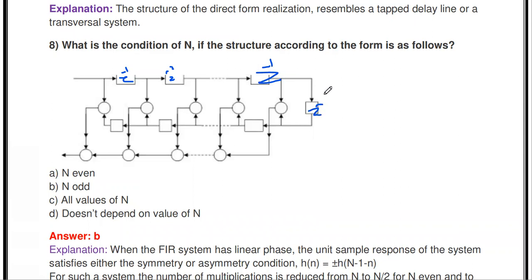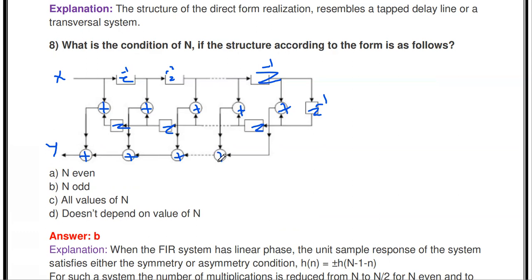These are all the delay element blocks, and this circle indicates the adder element. So this structure indicates what is the condition of N, where N means order. This is the input X and this is the output Y. These are all the adders.